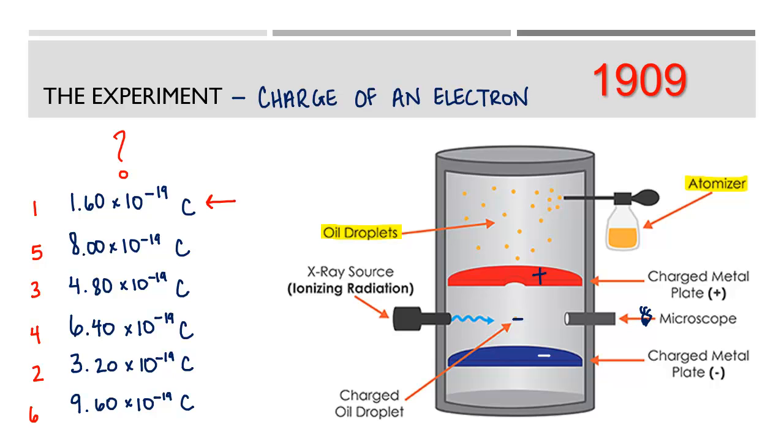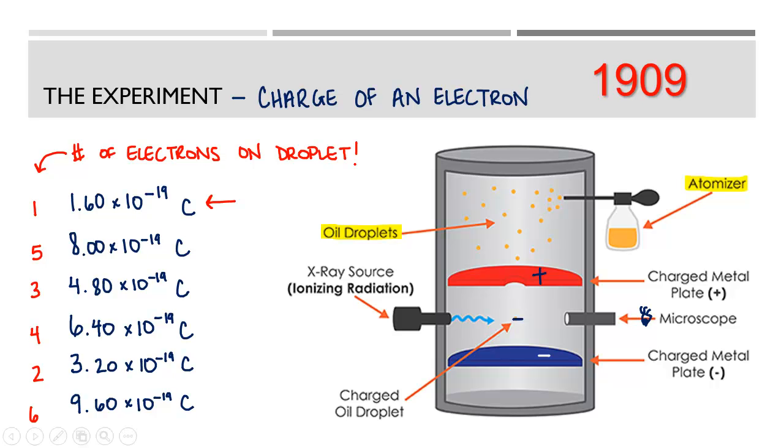So these are all whole numbers, whole amounts. It turns out that that number is the number of electrons that jumped onto the oil droplet. It had to be. There were no in-between amounts, and electrons are either there or they're not there. And that tells us something very important.